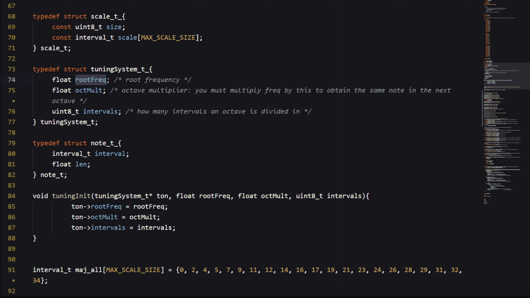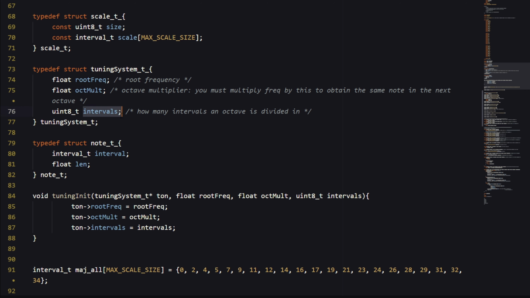In classical music it's 440 Hertz, and an octave multiplier, which we just discussed. So it's the number by which you multiply a frequency to have the same note on the next octave, or divide by the same number to have the same note on a lower octave.